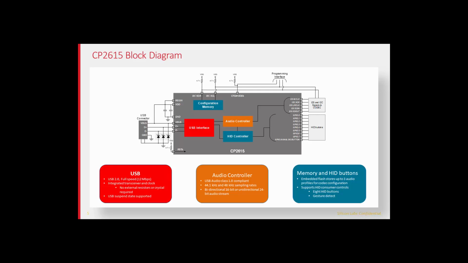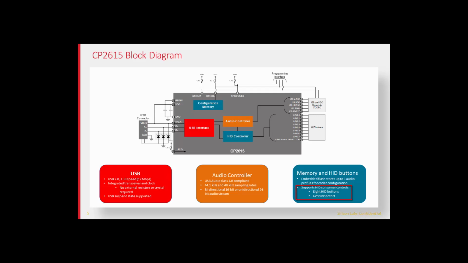Sure. Okay. So one of the USB device classes, the HID class, supports a number of media control buttons. These are the buttons that will control play, pause, scan forward, back, stop, mute, really standard interface controls for a lot of audio applications.